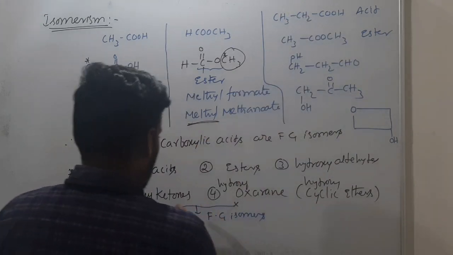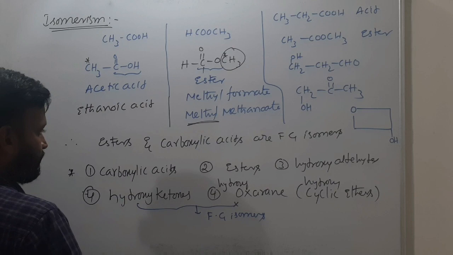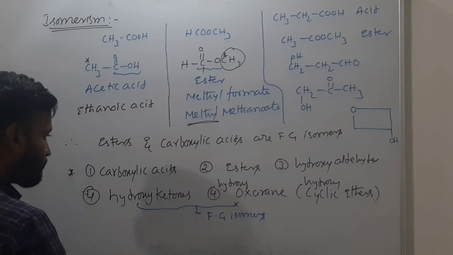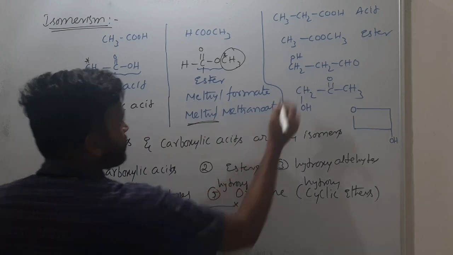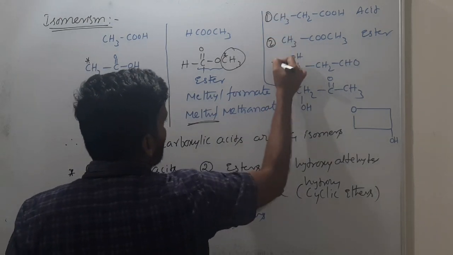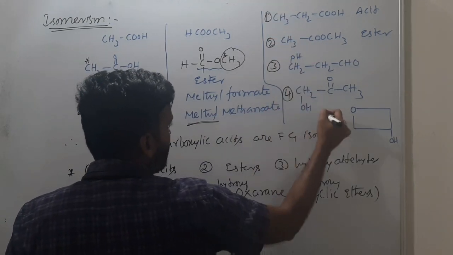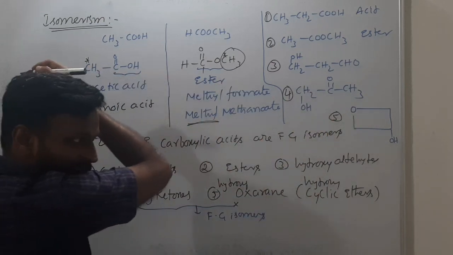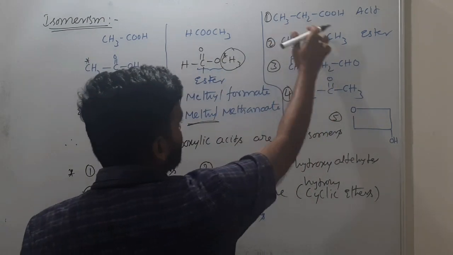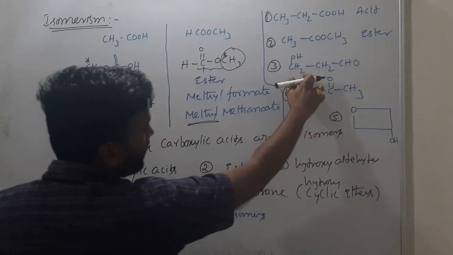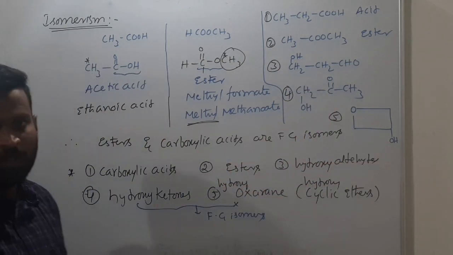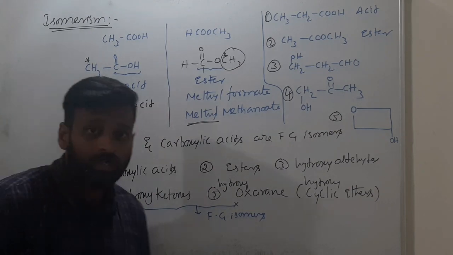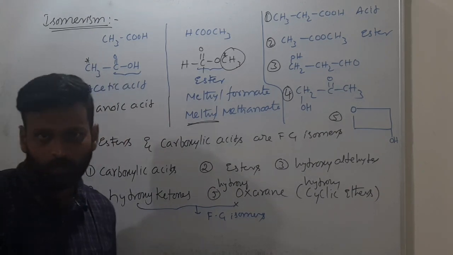How many did I give? Total 5. So 1, 2, 3, 4 and 5. Here acid, ester, hydroxyaldehyde, hydroxyketone and hydroxyoxirin are the functional group isomers.